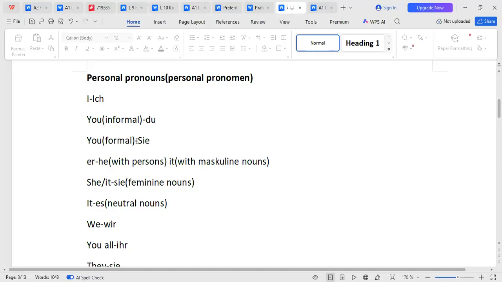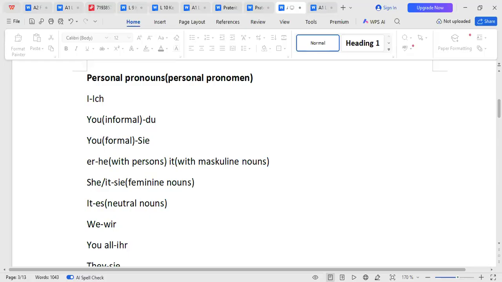But we have the Sie formal. The you formal is called Sie, and the S must be capital. We use it for people who are superior, people we don't know, people we're seeing for the first time, und so weiter. So you must know the personal pronouns. It's very important to know the personal pronouns in German.